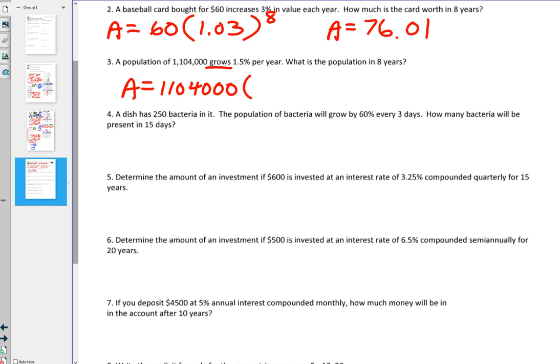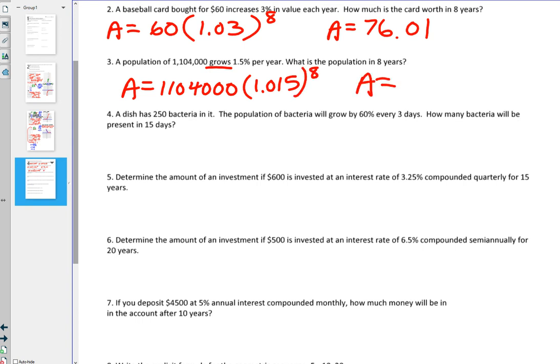The amount is 1,104,000. Jason, what's the growth rate? Just give me the number. Come on, you can do it. 1.015. 8 years.